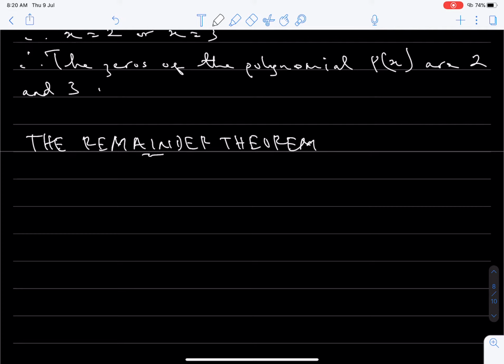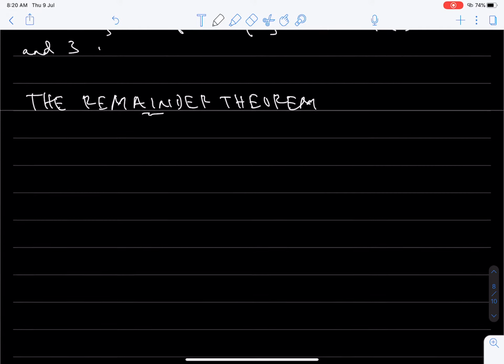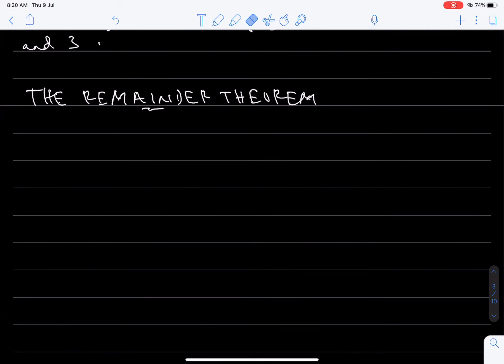The remainder theorem. Now let's see. When a polynomial, this is what the theorem states or is about.